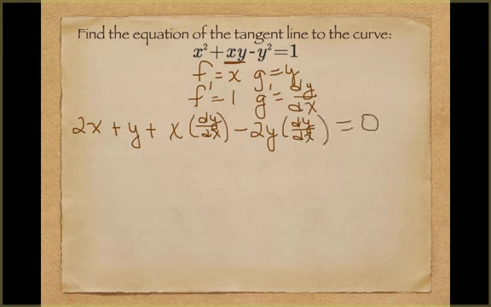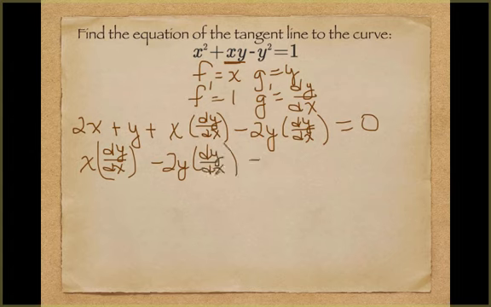And again, getting dy/dx by itself, I have x dy/dx minus 2y dy/dx equals negative 2x minus y.